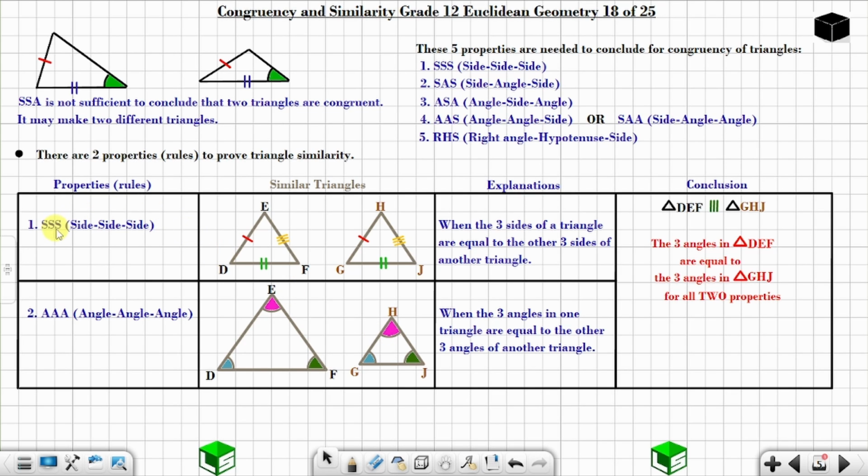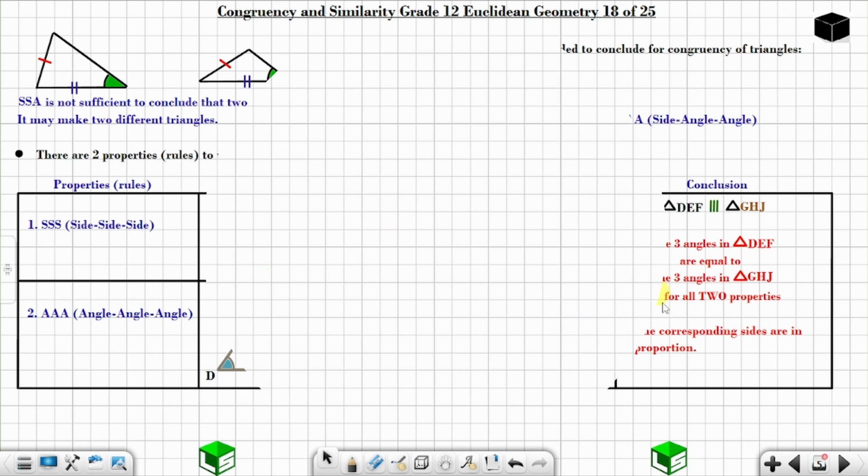So in one, even though you don't have angles mentioned in the property, this is going to give you 3 angles in one triangle equal to the 3 angles in another triangle. So remember, the corresponding sides are in proportion for similarity.